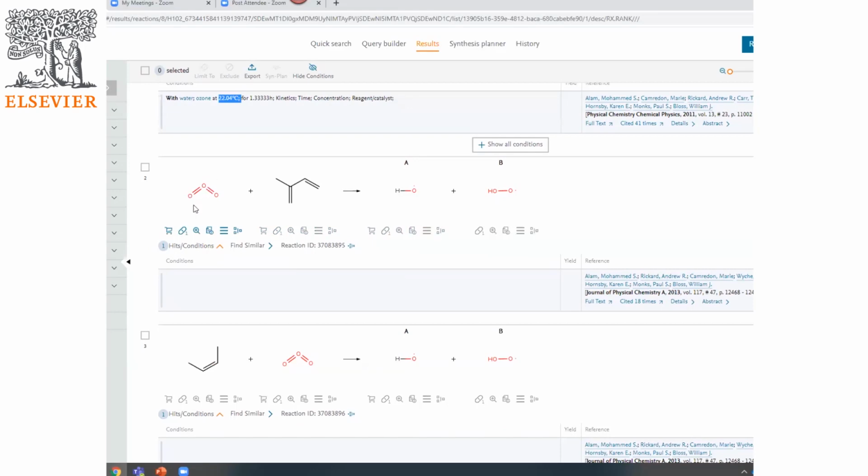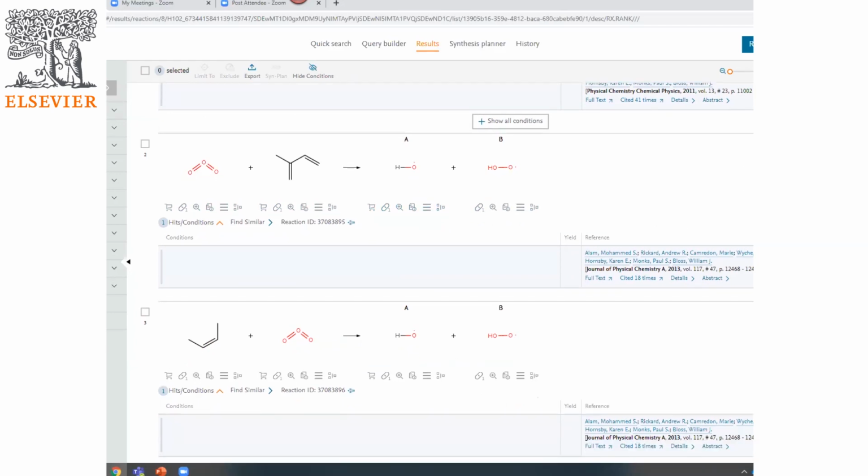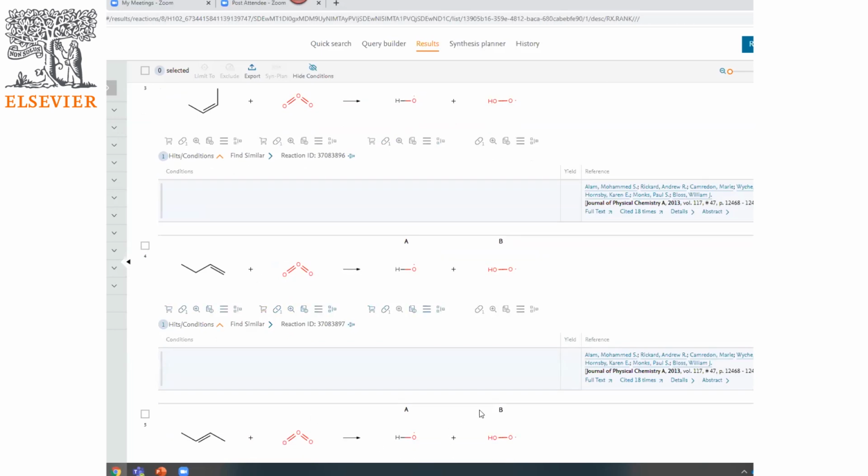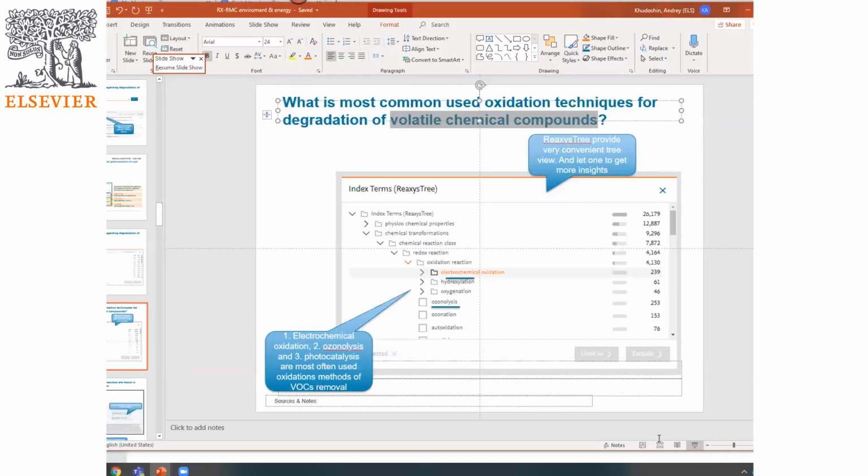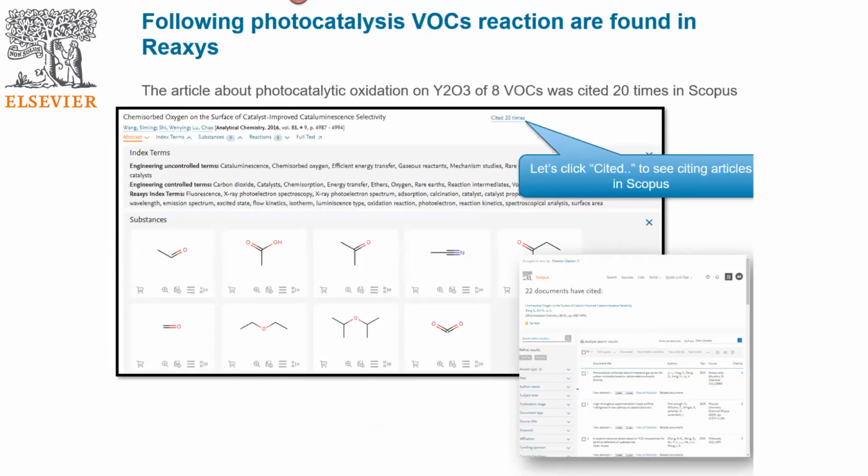Here you can see ozone as one of the reagents, and the output is free radicals, which is also very interesting because there would be no insoluble products. The same we can see from over there. One of the articles focused on photocatalysis, for example, is this one: chemisorbed oxygen on the surface of the catalyst improves specific selectivity.